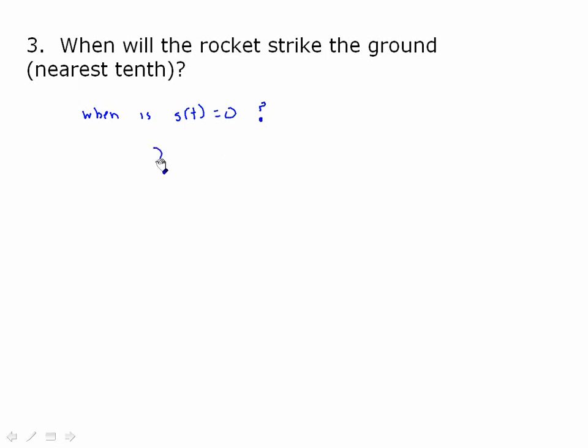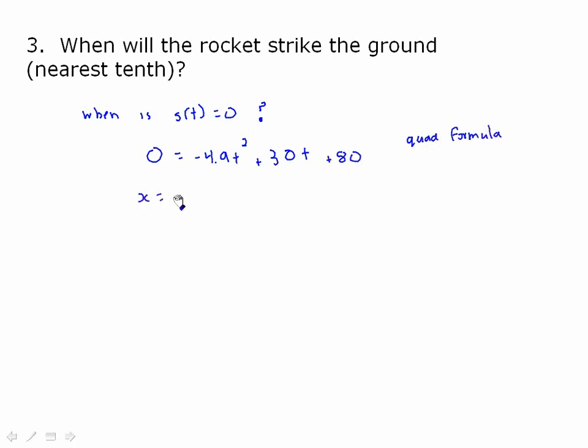So 0 is equal to negative 4.9t squared plus 30t plus 80. And this will require the quad formula or a graphical solution. So I'm going to use the quadratic formula.